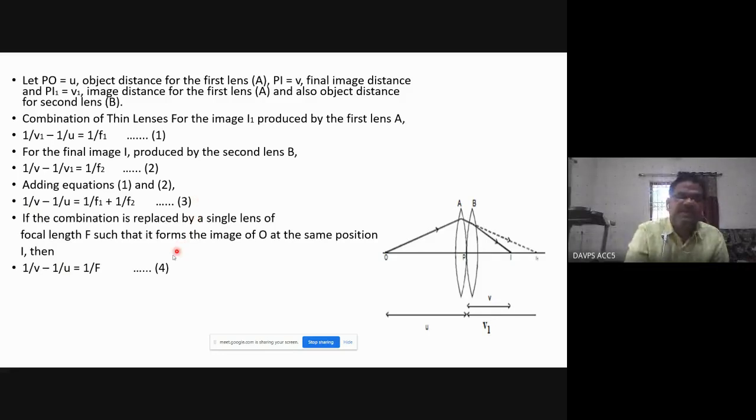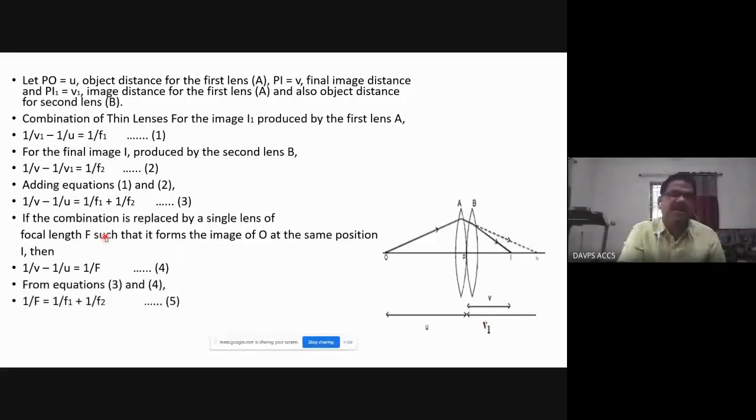If you compare equation 3 and equation 4, the right part will be the same. So from equation 3 and 4, we are getting 1 by F equal to 1 by F1 plus 1 by F2. This is when the lenses are in contact.